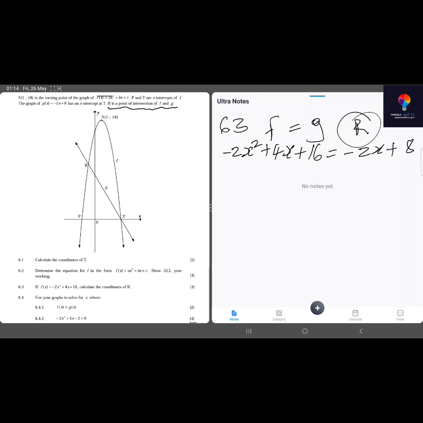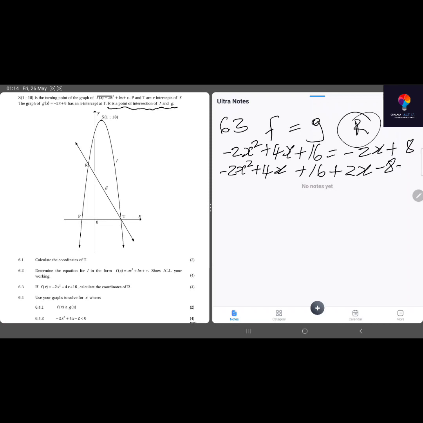So we should take minus 2x squared plus 4x plus 16, then minus 2x. When it comes to the left side, it's going to be plus 2x and minus 8. In fact, plus 8 when it comes to the left is going to be minus 8.